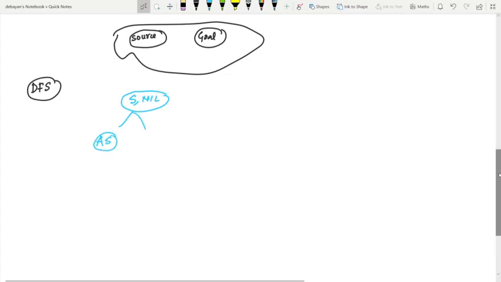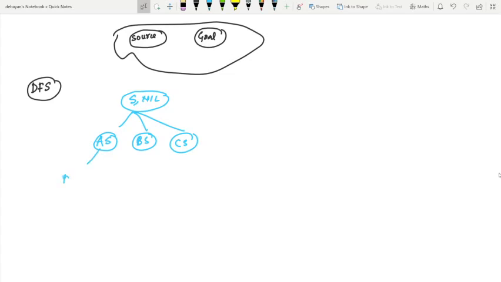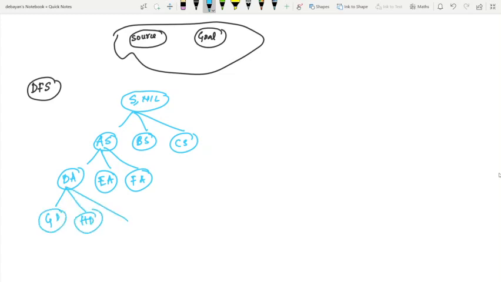We are writing AS because it represents that A is the neighbor of S, B is also a neighbor of S, and CS is also a neighbor of S. Now from A there is DA, that means D is a neighbor of A. E is also a neighbor of A, and FA, and from D, that is G, that means neighbor of D, and SD, and this is ID.